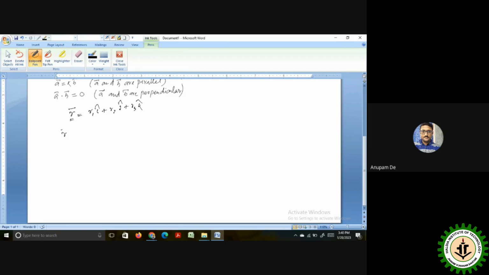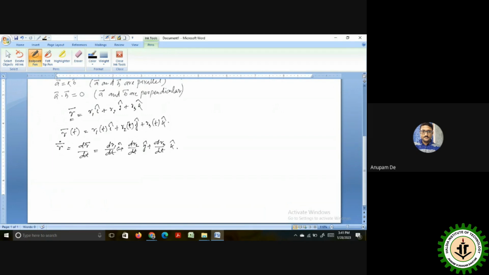Now if r is a function of t, where r equals r1(t)i plus r2(t)j plus r3(t)k, in that case, the derivative of the vector r, which is dr by dt, will be calculated as dr1 by dt i plus dr2 by dt j plus dr3 by dt k.